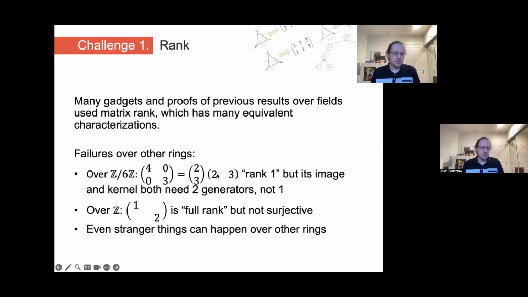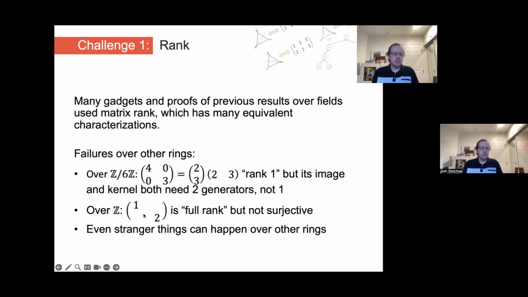So it looks like it should sort of be rank 1, according to this kind of definition of rank. But its image and its kernel both need 2 generators, not 1. So you might say the dimension of the row space, if you want to think about it that way, the dimension of the column space are both 2, right? So here you see that our notions of rank are no longer equivalent.